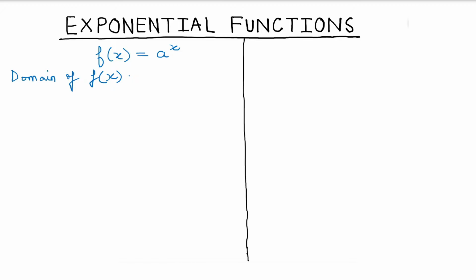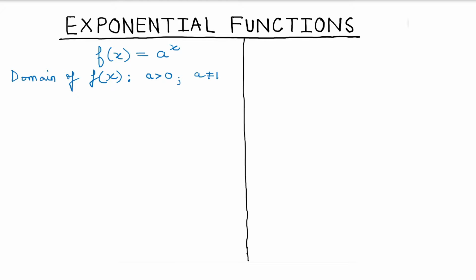But even before that, let us talk about some domain constraints on the constant value of the function, because when we say a to the power x, a is a constant term and x is a variable term. The conditions on the constant term are a should be greater than 0, and along with this a should not be equal to 1.